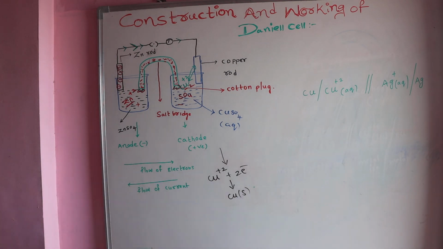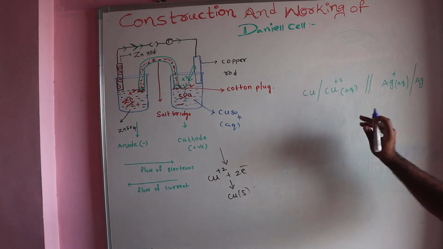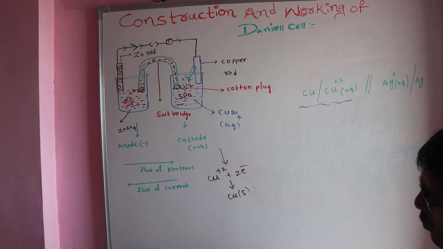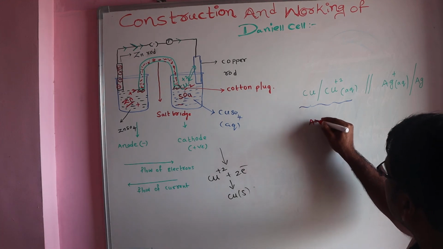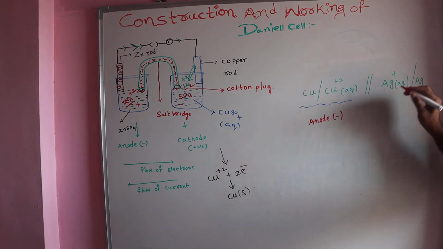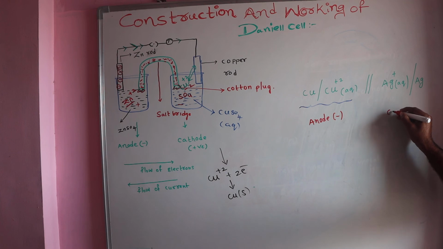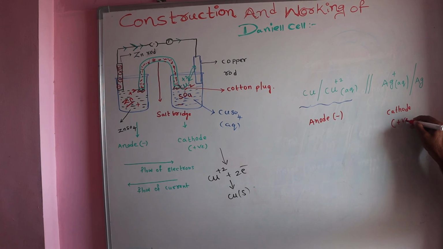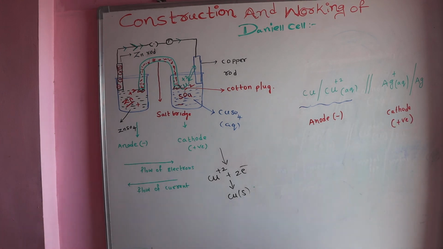How do we write the overall reaction for this? Just look at this side. Whatever is on the left side is the anode, the negative electrode. Whatever half cell is on the right side is the cathode, represented as the positive electrode.